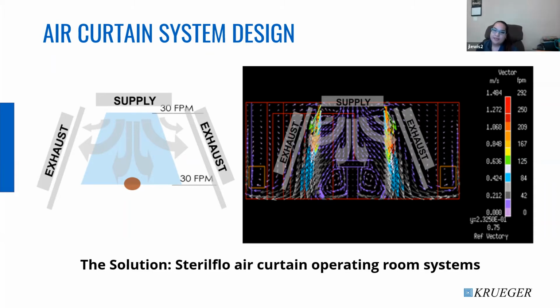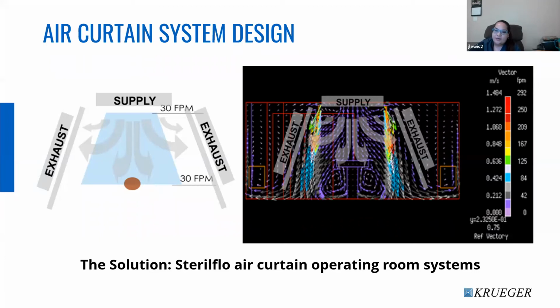We still have the laminars placed above the surgical table, and we still have to apply the same ASHRAE 170 requirements for the laminar array, which means 12 inches beyond every direction of the operating table. You need to have at least 70% coverage, and you need a feet per minute of about 25 to 35.